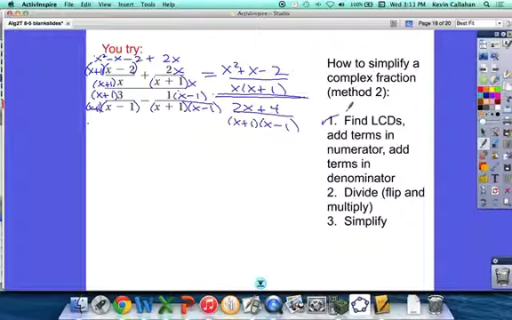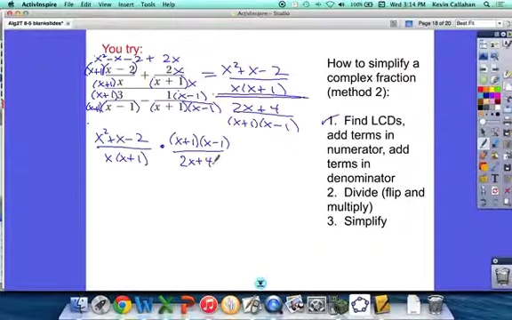And now I'm going to turn this division problem into a multiplication problem by flipping the second fraction. And I think at the same time I'm going to factor the numerators. Now I'll take another step. So this will be x squared plus x minus 2 divided by x times x plus 1, times x plus 1 times x minus 1 divided by 2x plus 4.